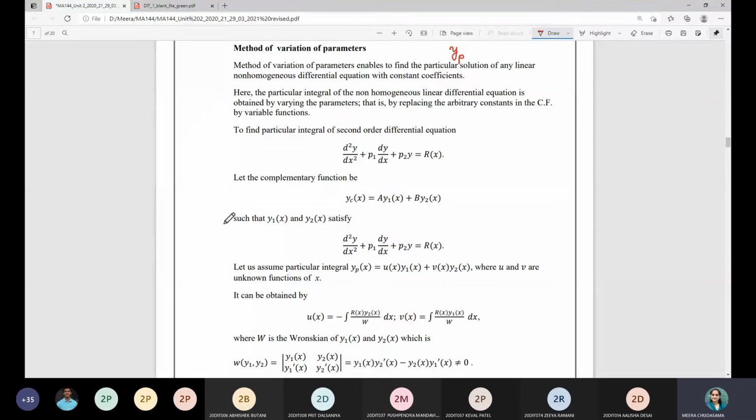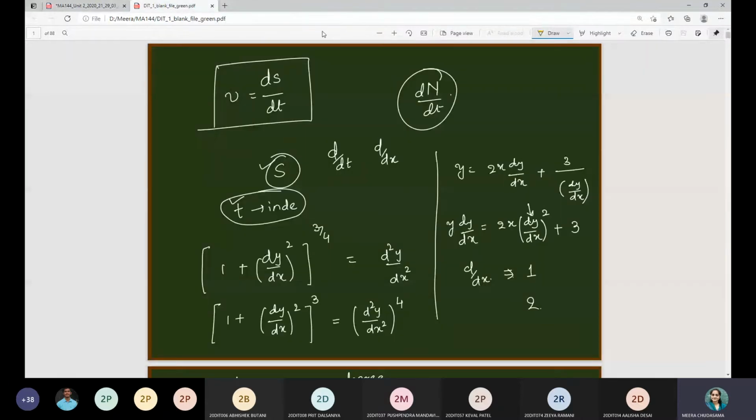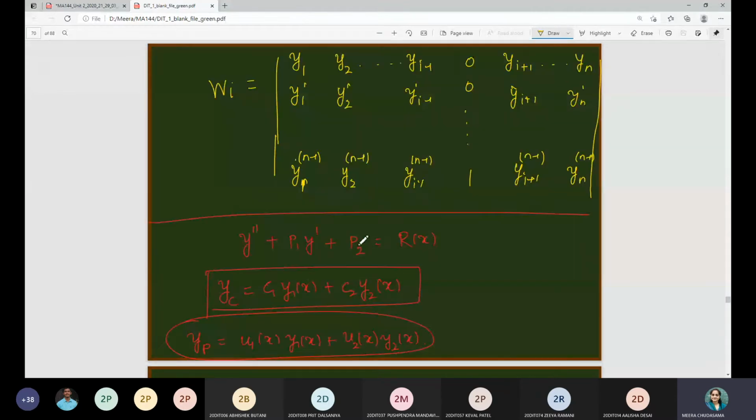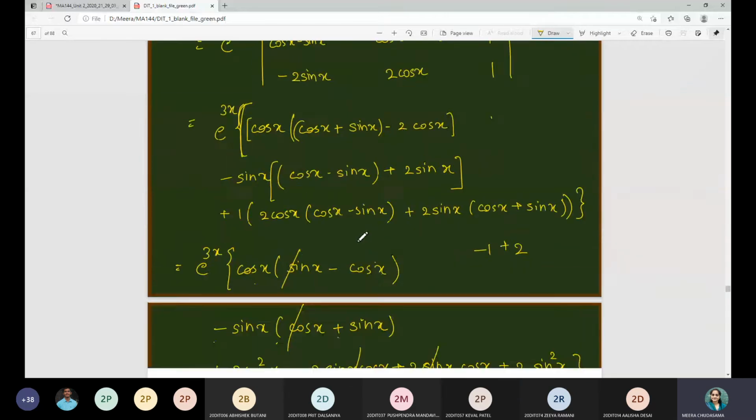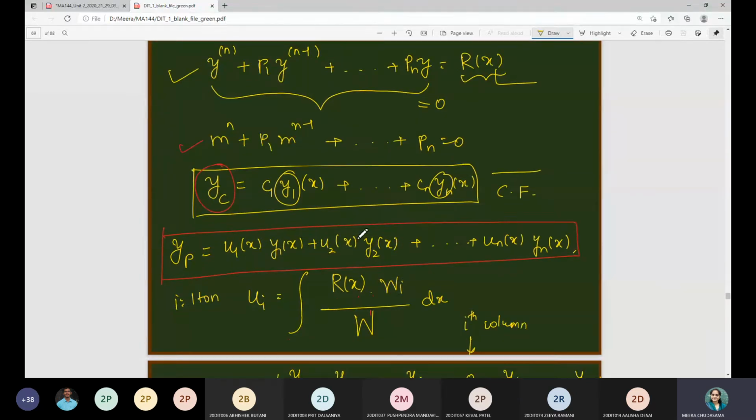So here the described procedure is for second order differential equation, but in general we have considered it for any nth order differential equation. In that case the corresponding formula will be changed. If you remember these steps, then you can see that yes, here it is. We have considered these steps.